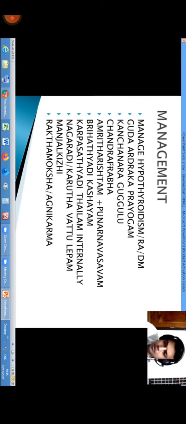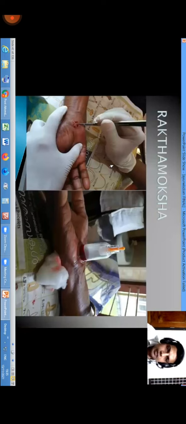We can do accordingly. Then coming to Raktamokshana, cupping is done in this patient. The point of application of Raktamokshana or Agnikarma is important. It is above the carpal tunnel and just lateral to the midline of this joint.